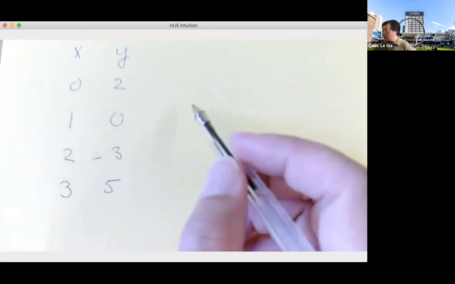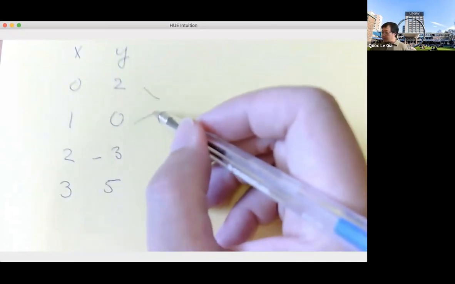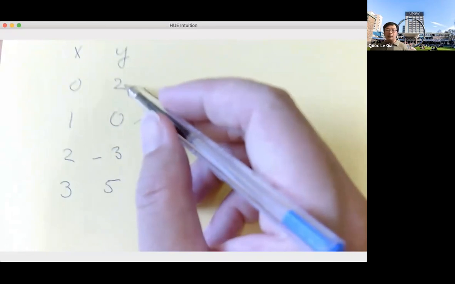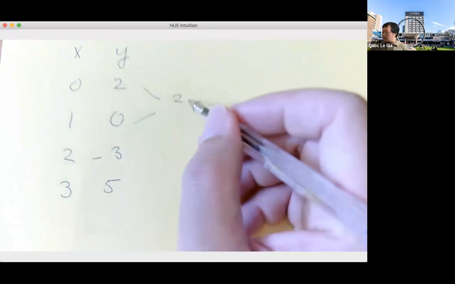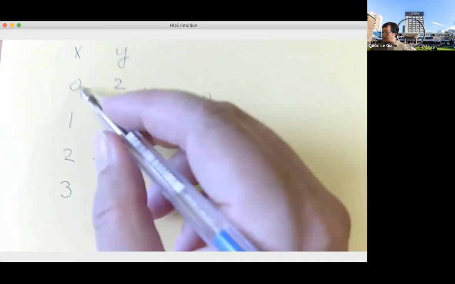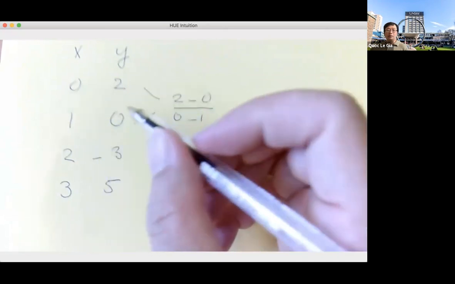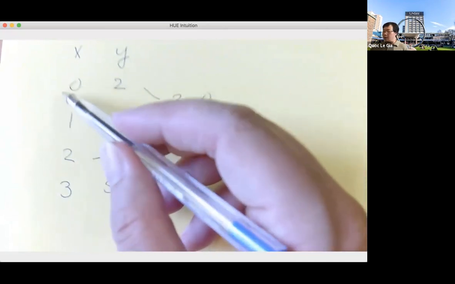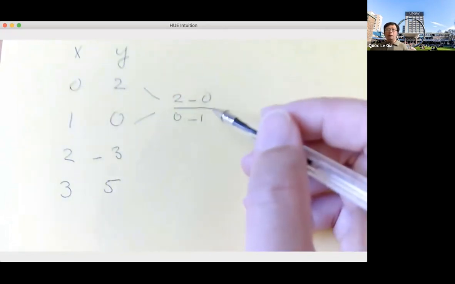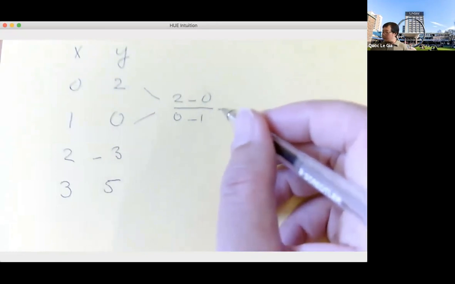Now, in order to find the divided difference here, I just take this number, 2 minus 0, divided by 0 minus 1. So divided by the difference between this number and this number. So this one gives me minus 2.